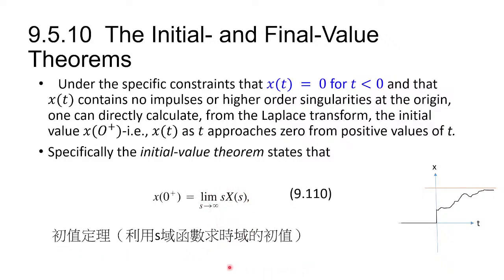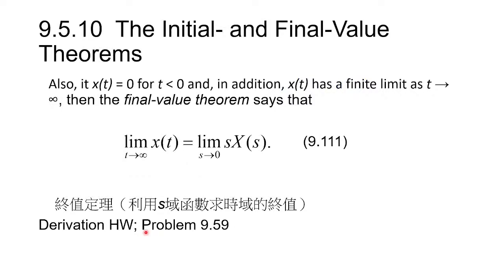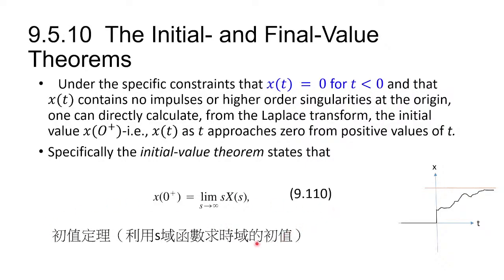I don't have too much intuition for this, but the derivation is in the homework. Basically, you derive this by thinking that the Laplace transform is always an analytic function, so you can do a Taylor expansion, work out all the Taylor expansion coefficients, and then you find out this is true.